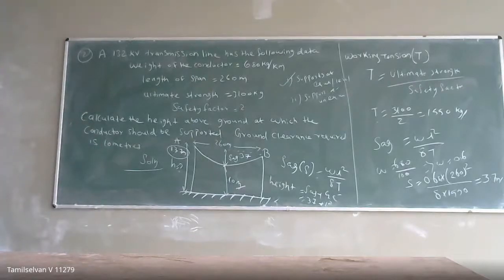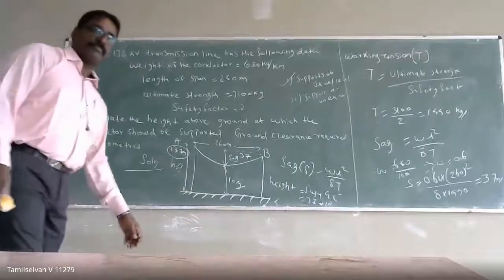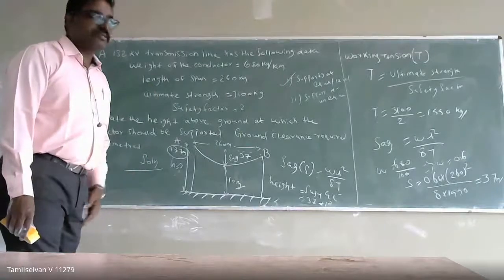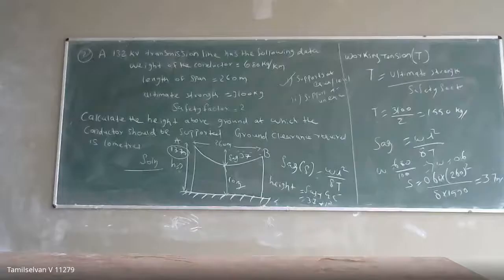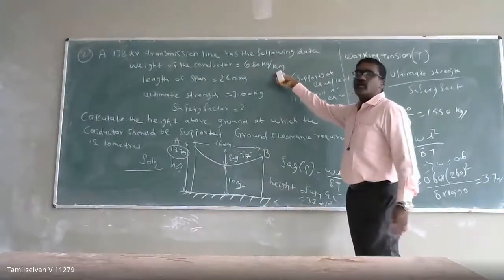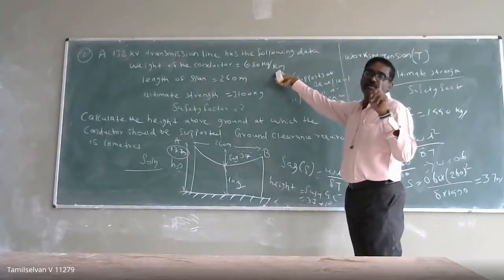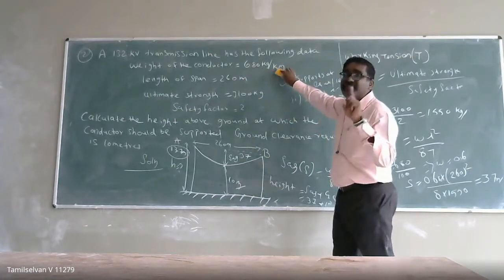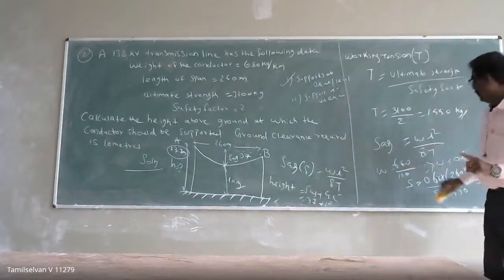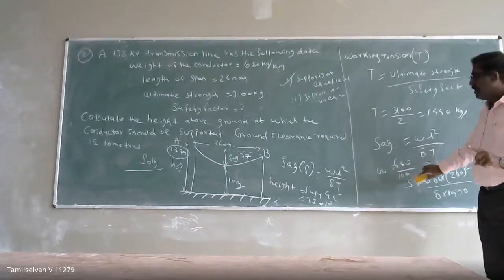Any doubt? A student asks why the weight is 680 divided by 1000 and not 100. Kilometer is 1000 meters, and here all heights are in meters, so I calculate the weight per meter. That is why I divided by 1000. Then only you will get it in meters.